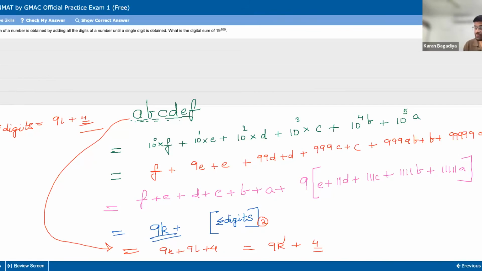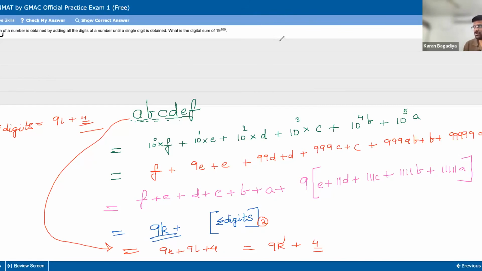Now, one more point here. You can see the terminology here, digital sum. Can you guess by the way I just said it what it is that we're going after? When they quote the term digital sum, all they mean is the summation of the digits.